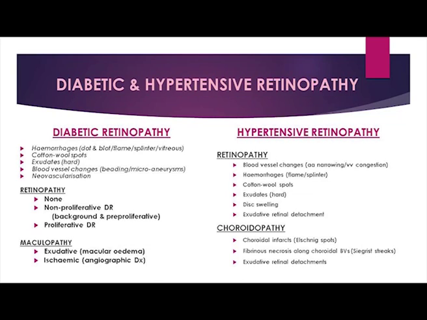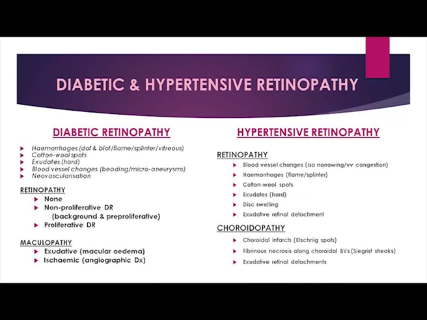And then blood vessel changes, we get beading and microaneurysms, and then neovascularization, which is basically when your retina is so ischemic that it's sending out vascular endothelial growth factor to try and get your retina more blood supply. It starts making abnormal new blood vessels. Okay, so that becomes your proliferative diabetic retinopathy. So then we divide retinopathy in diabetes into the retina as a whole and then the macula, which is your central vision.